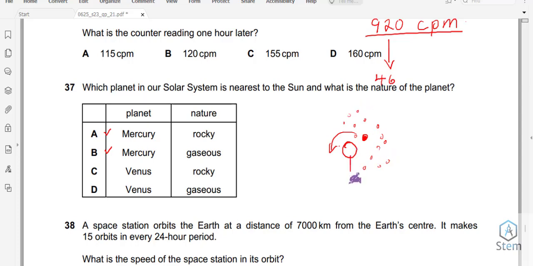But since the sun is much bigger, the sun is like 99.8% of the solar system. The sun is really huge. There's a stronger gravitational field.